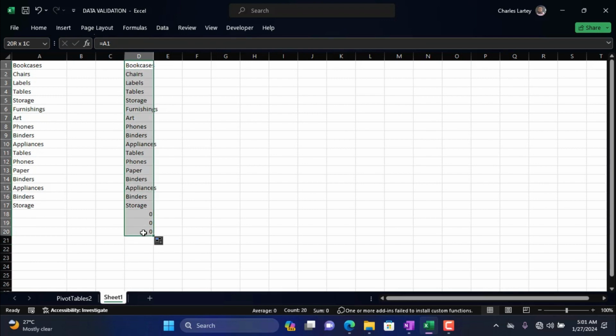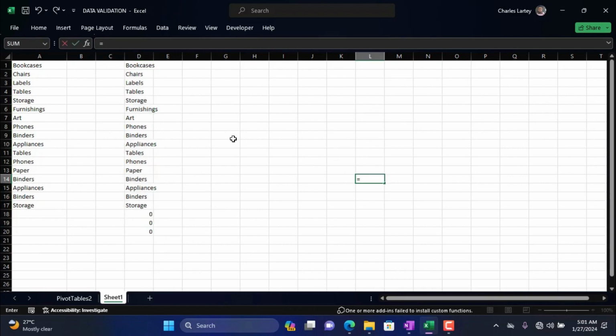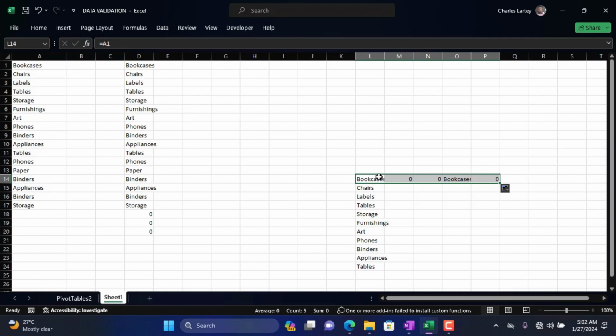What I've done here doesn't mean that necessarily it has to be in line with it. I could even start from somewhere here and do equals this, then enter and do autofill with that. Or I can do autofill in this way, and look at what is happening. It is going in this direction because I am going this direction.